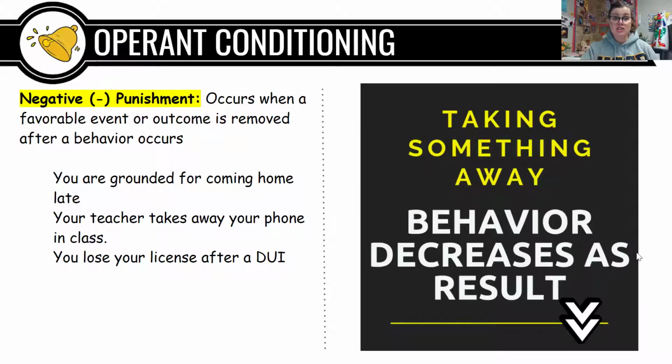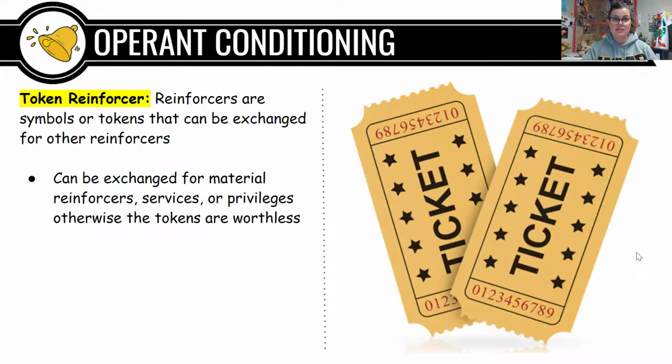Your teacher takes away your phone, in order to get you to stop having your phone out in class. You lose your license after a DUI. Your privilege of driving goes away because you are not going to drive under the influence anymore. That is a negative punishment.